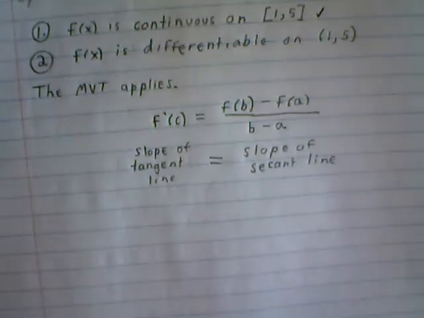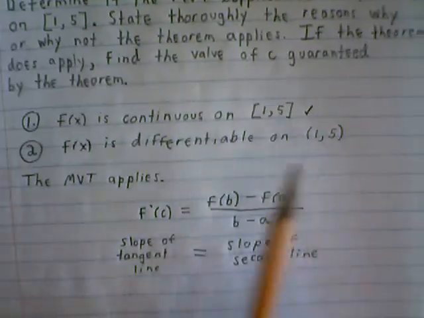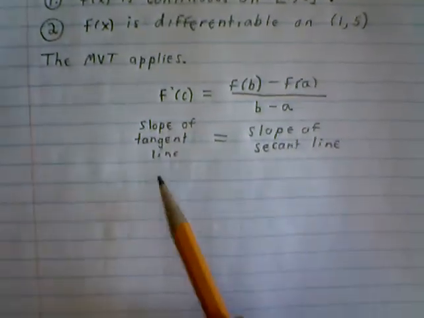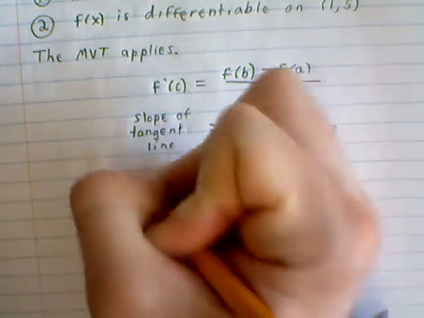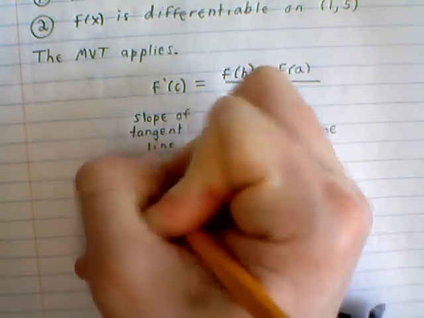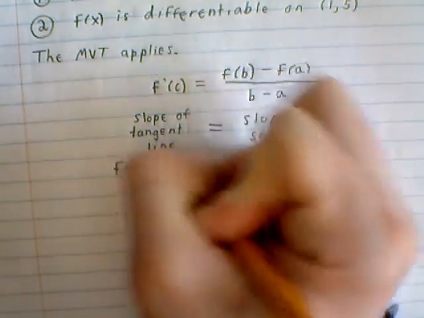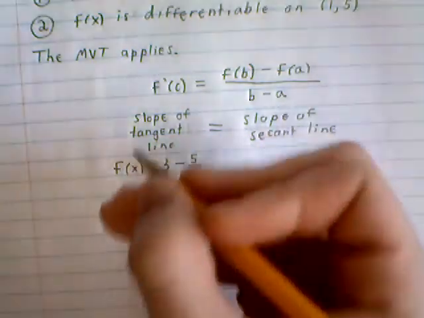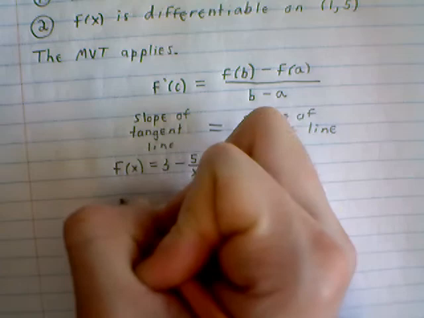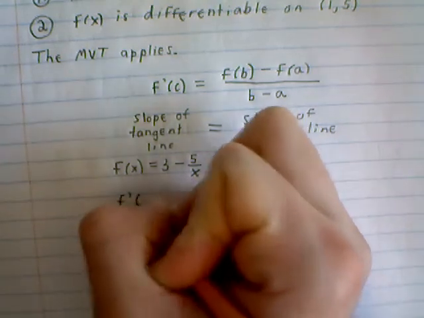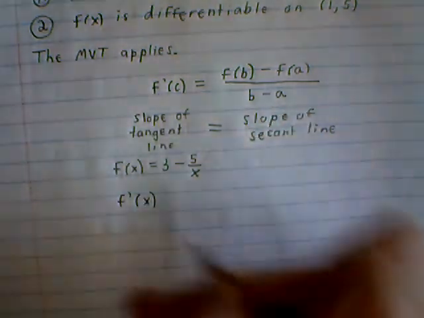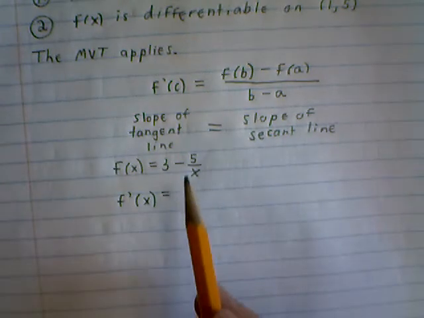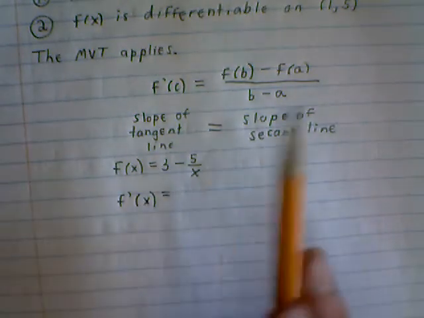All right, so what I can do now to find this value is, let's first start by finding the slope of the tangent line. So I know f of x equals 3 minus 5 over x. To find the slope of the tangent line, that's the instantaneous rate of change, I just take the derivative. The derivative of 3 is 0.